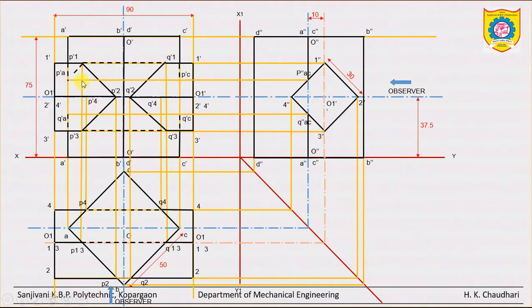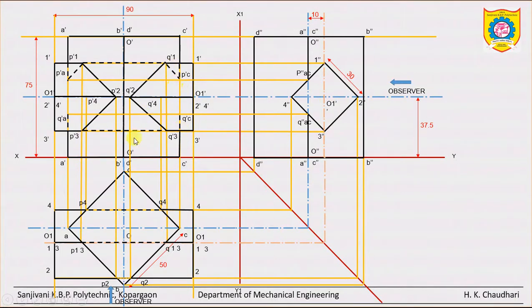And then join P-1 to PA. See, I already explained P1 to P-1. Okay, PA. Here also we can observe 1 to PA, the inclined intersection. Okay, we have made it hidden here, because again this part we can observe due to the 1 2 face.